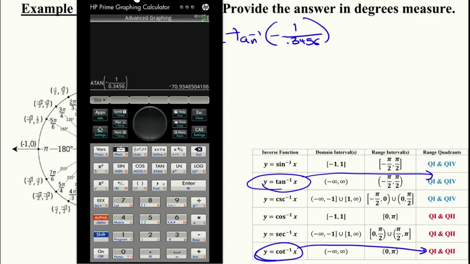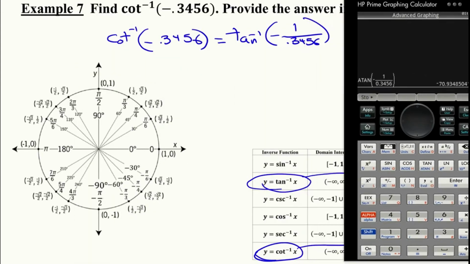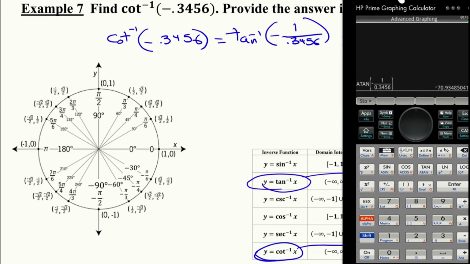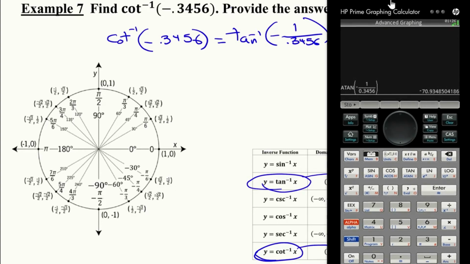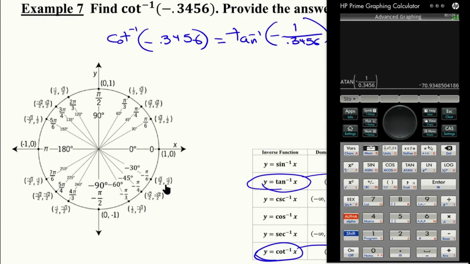Of course, because it's negative, notice that it's giving us a quadrant 4 answer, but look down below and you will see inverse cotangent needs to be either in quadrant 1 or quadrant 2. So we're going to have to get an angle that is associated with negative 70.9, but in this quadrant, because that's where cotangents are negative.